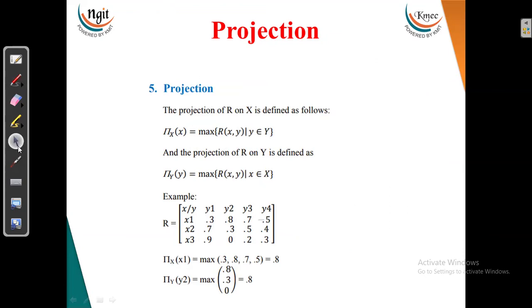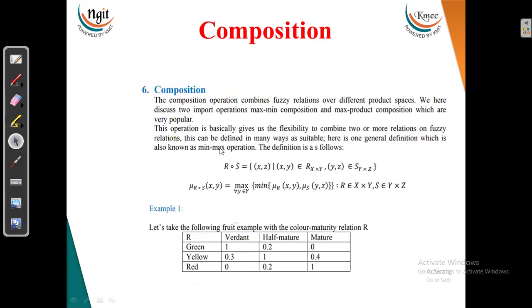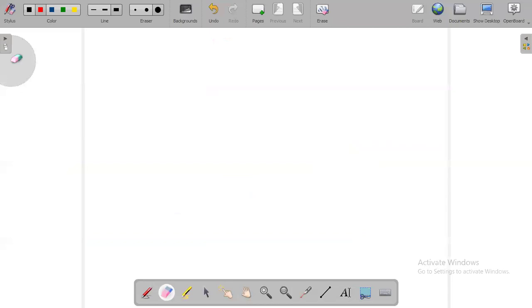Now, the next operation is composition. This is very important. I'll tell you the formula for this. Look here: R circle S is a relation, the composition of two relations. First, starting with the relation.